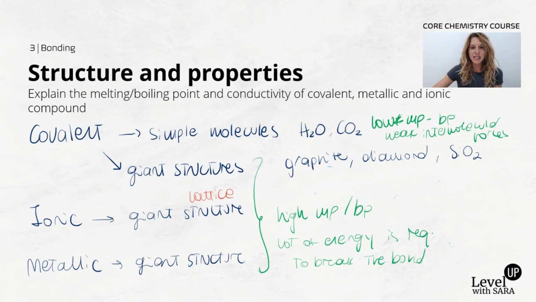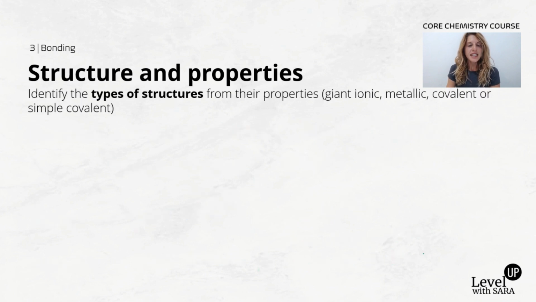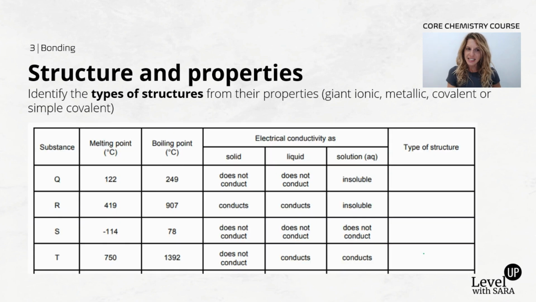The next step, after you know all of the properties and you can explain them, is to identify the types of structures from their properties. Is it a covalent bond? Is it a simple molecule or a giant structure? This is the type of exercise that I mean. Let's take substance Q. Look at the melting point. The electrical conductivity: it doesn't conduct as a solid, neither as a liquid, and it's also insoluble.